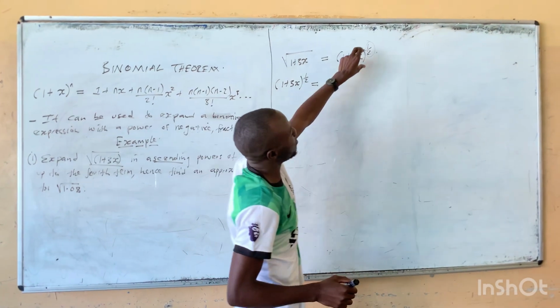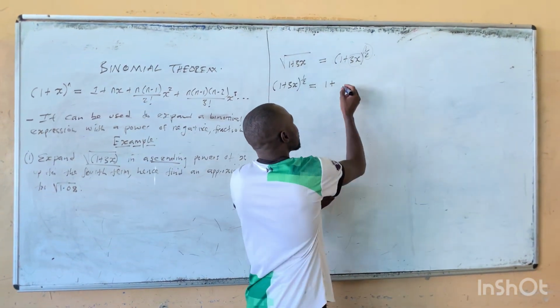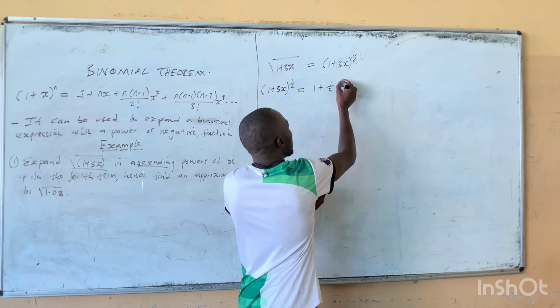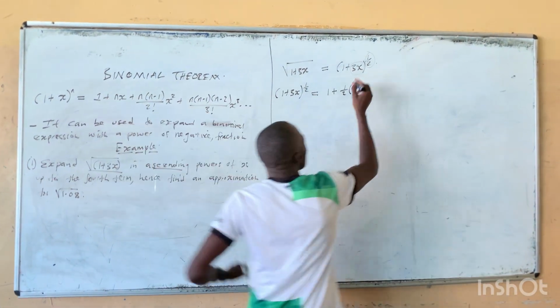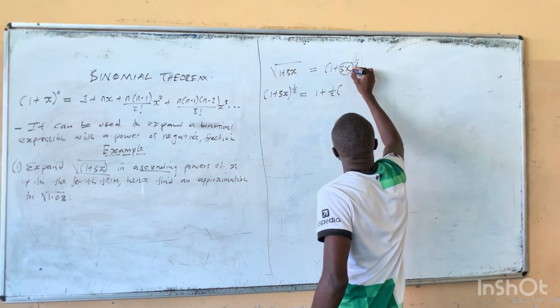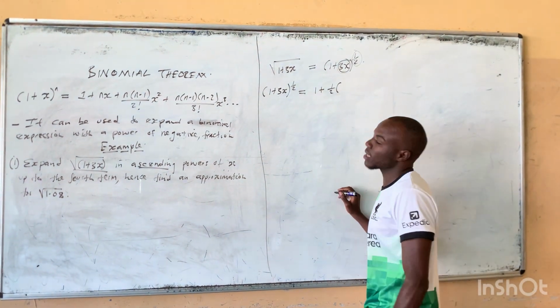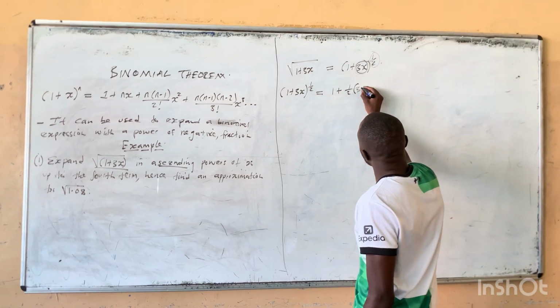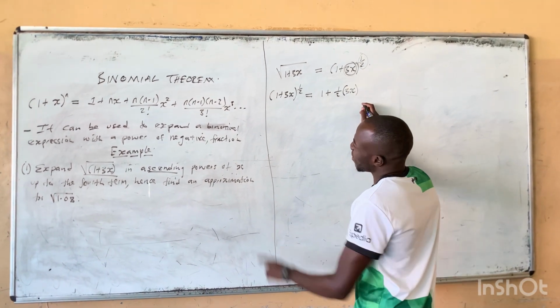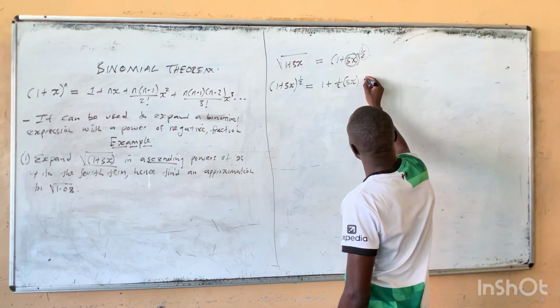In this case, the power is 1/2. So I get 1/2 times x. Remember, we're not just getting x, but we are getting the whole of this, which is 3x. So we're getting 3x here. Then we'll go to the next one, which is plus.